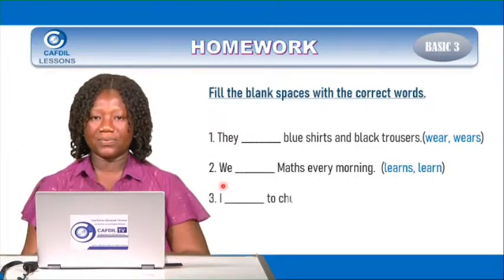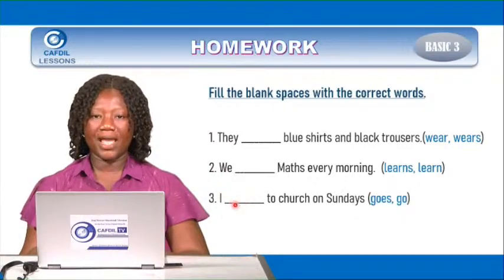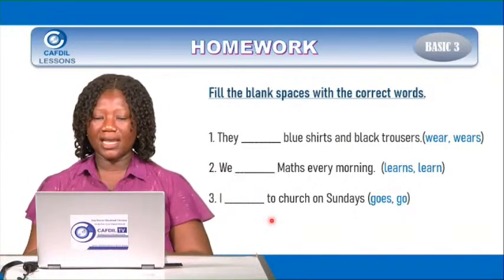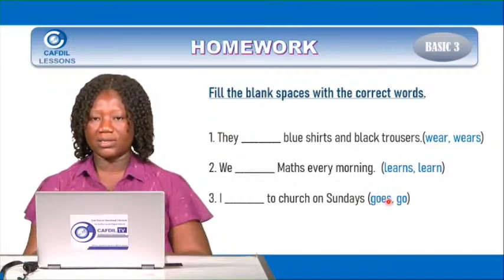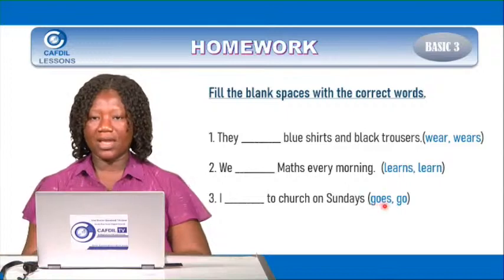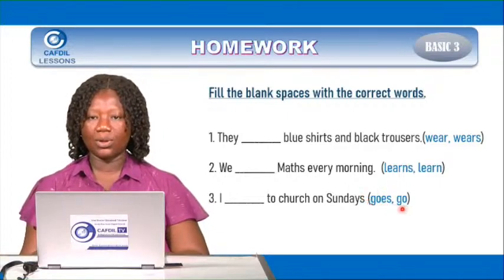Question 3. I dash to church on Sundays. So you will put one of the words here. And this is our action word. So you either write goes or go to complete the sentence.